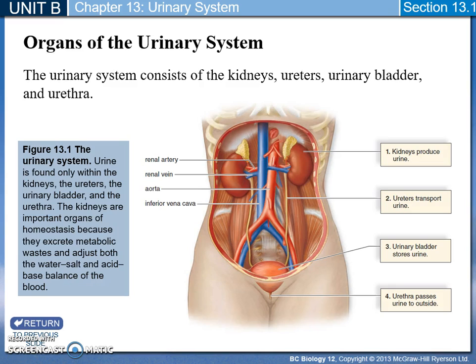The kidneys are important organs because of homeostasis, because they excrete metabolic waste, and they adjust the water, salt, and acid-base balance of the blood. So you can see the parts that are labeled there: the kidneys themselves, the ureters, which drain into the urinary bladder, and then the urethra, which allows the urine to pass to the outside.